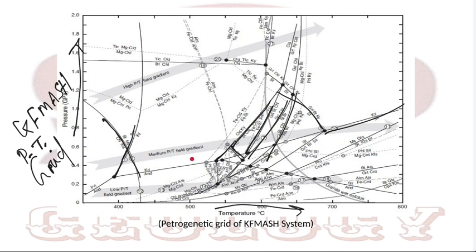These are all reactions that occur at particular pressure and temperature conditions. Like I have taught you in the calcareous protolith, based on temperature and XCO2, the composition of carbon dioxide.